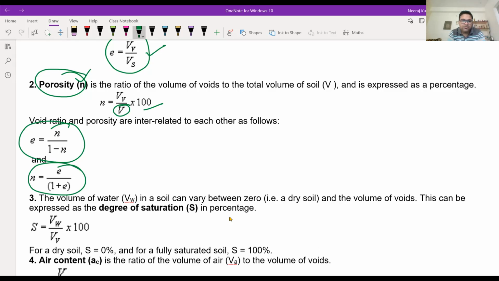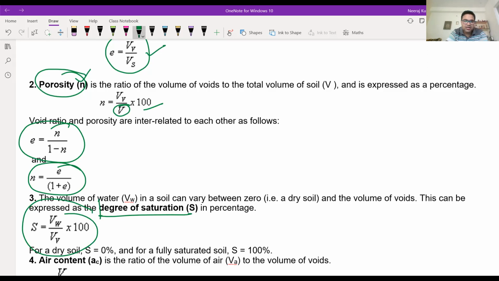For example, if we want to find how much a particular soil is saturated, because in nature most of the soil is generally partly saturated, which means some parts of the void are filled with water and some parts with air. In that case, we need to find out the degree of saturation, how saturated it is. We can find that with this relation.